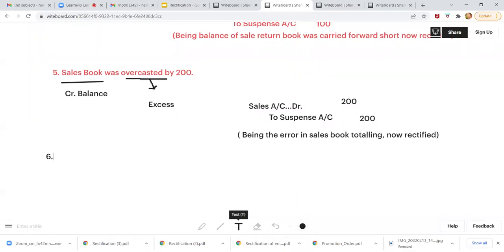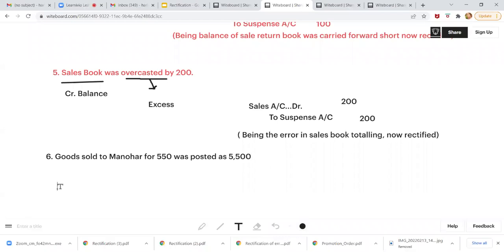Now we have the next question as goods sold to Manohar for rupees 550 was posted as 5,500.